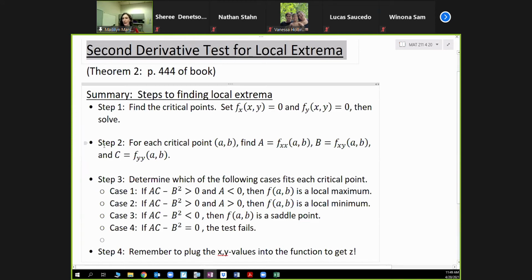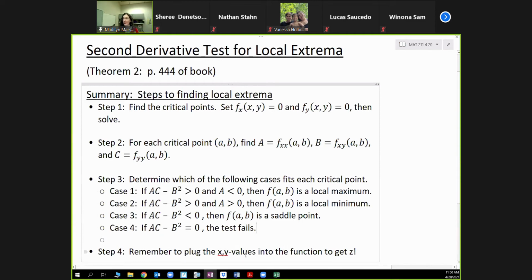So we have a different way of deciding after we find a critical point, is it a maximum, minimum, or saddle point? And so we're going to have 4 possible cases based on some second order partial derivatives that tell us whether it's a maximum, minimum, or saddle point.